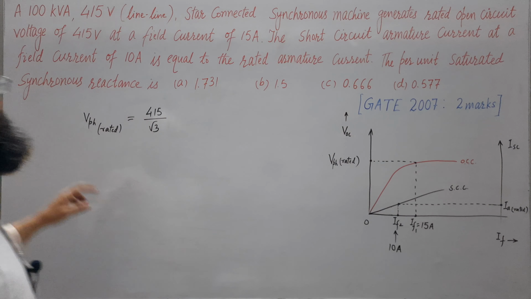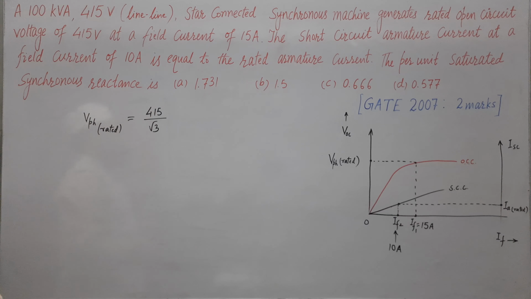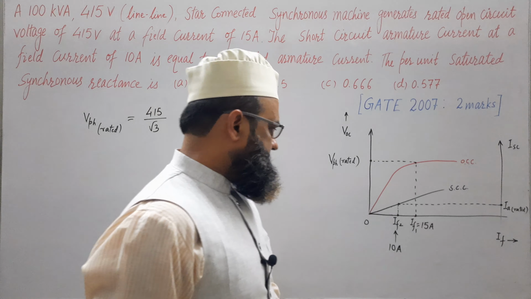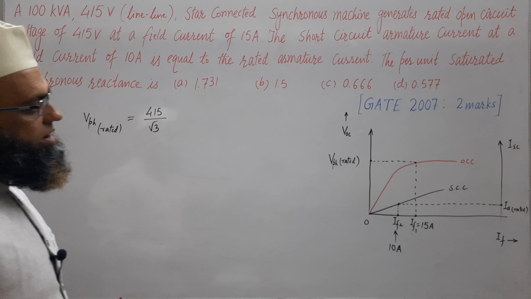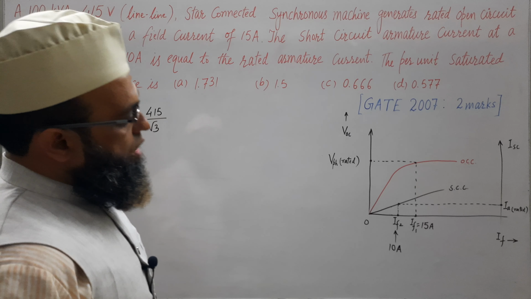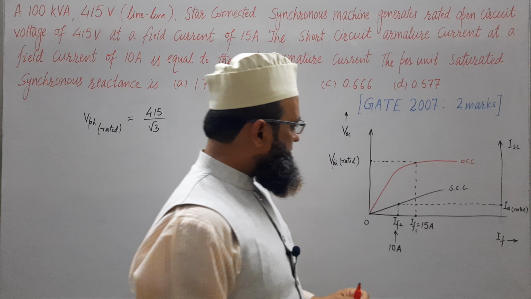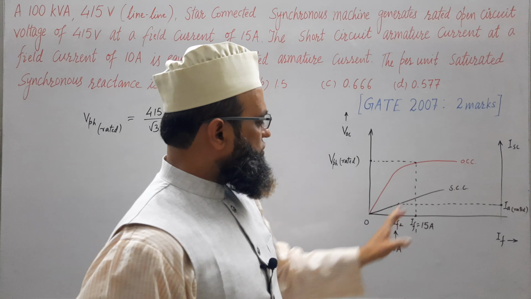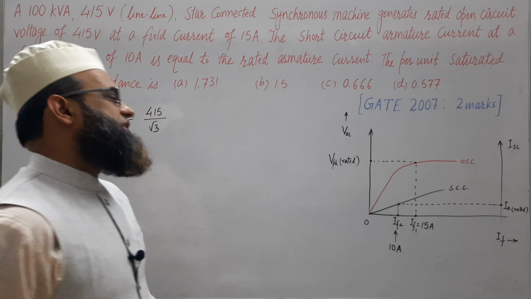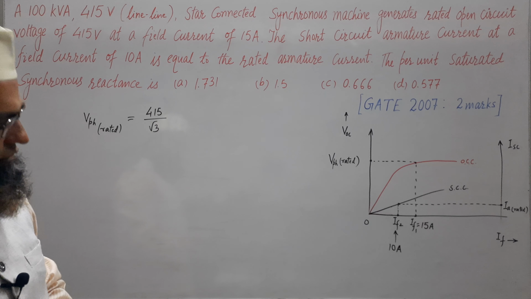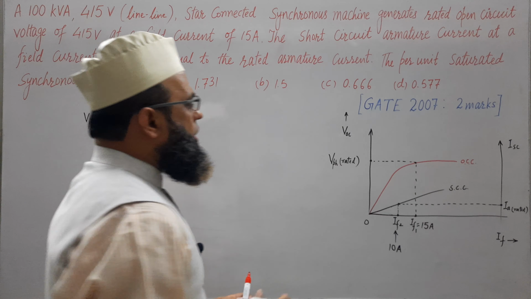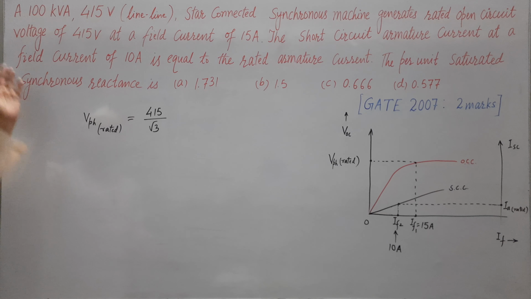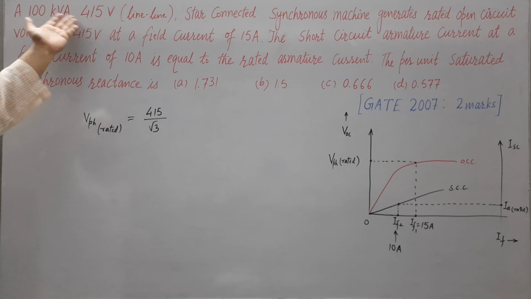The per unit saturated synchronous reactance is asked. As told earlier, out of the 4 quantities, if 3 are given, then the 4th one can be easily evaluated. IA rated may be evaluated with the help of the ratings given.